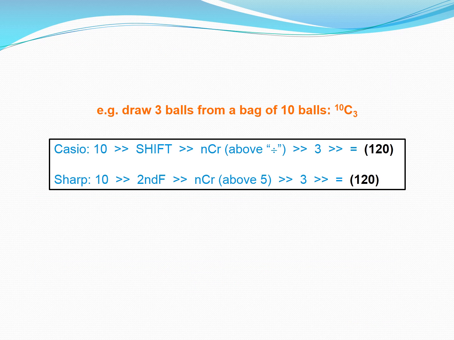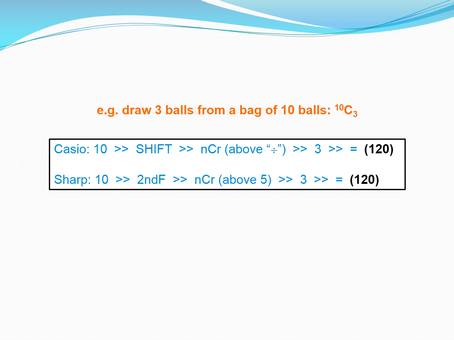So let's quickly practice how to do combinations on the calculator. In this example, I tell you, you have 10 balls in a bag, and you want to draw 3 balls from those 10 balls. So we want to determine 10 combination 3 then. On the Casio calculator, you will input 10, you will press shift, you will locate n combination R above the division sign, then you press 3 and you press equals, so we will have 120 combinations in total.